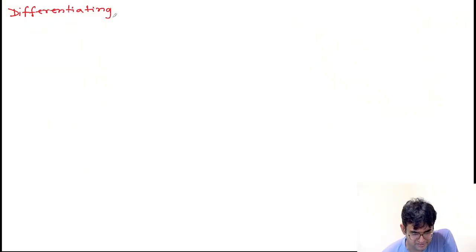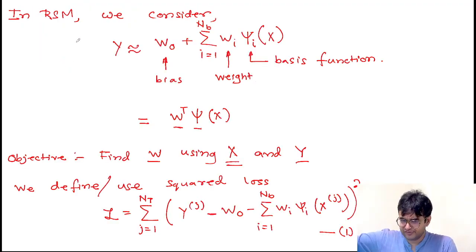Okay, so differentiating L with respect to W, what are the notations I have used? J and I, K. What will I get? The derivative will go inside the summation, the square will come outside, so it will become 2.